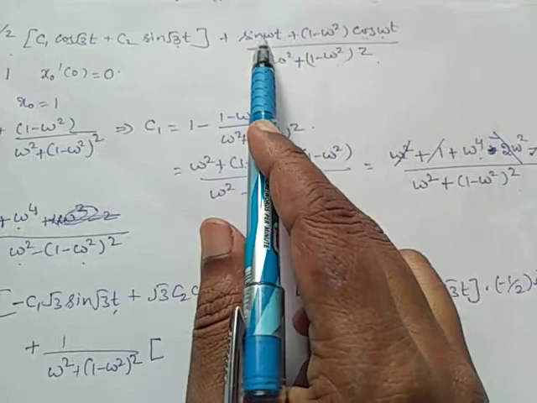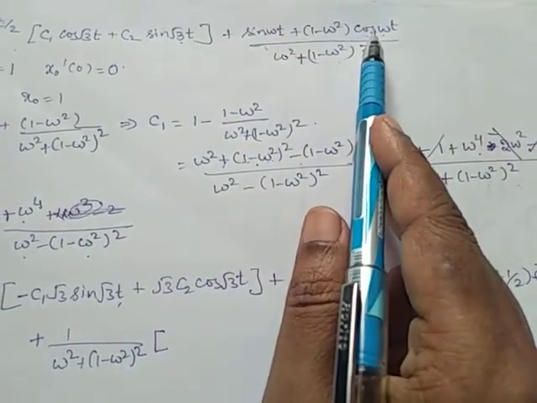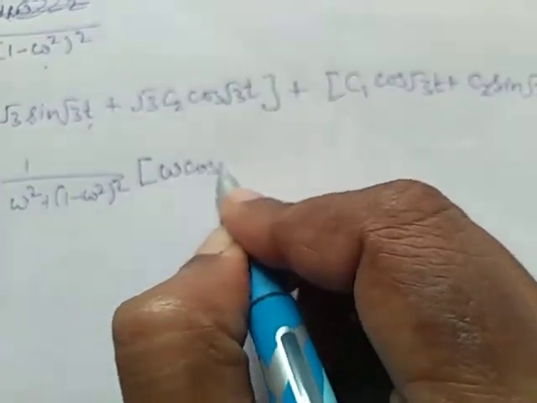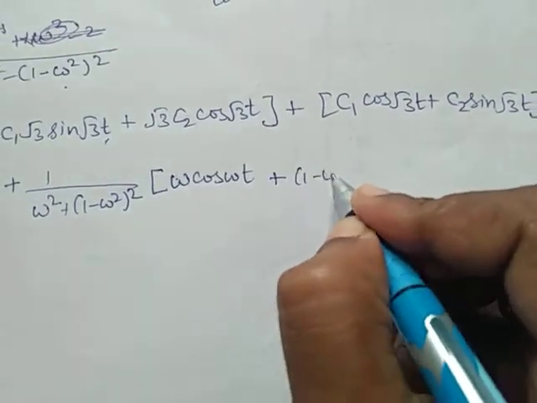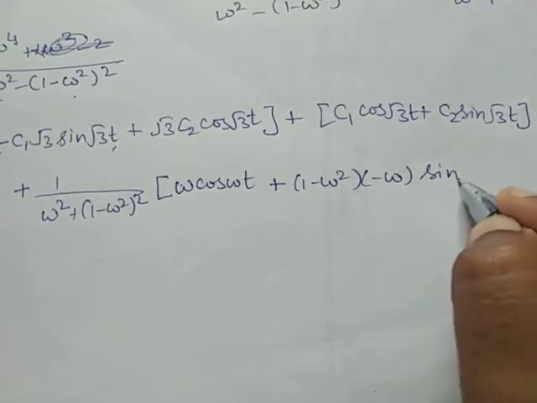Differentiation of sin omega t is omega cos omega t. So we will get omega cos omega t plus (1 minus omega square) times minus omega sin omega t.